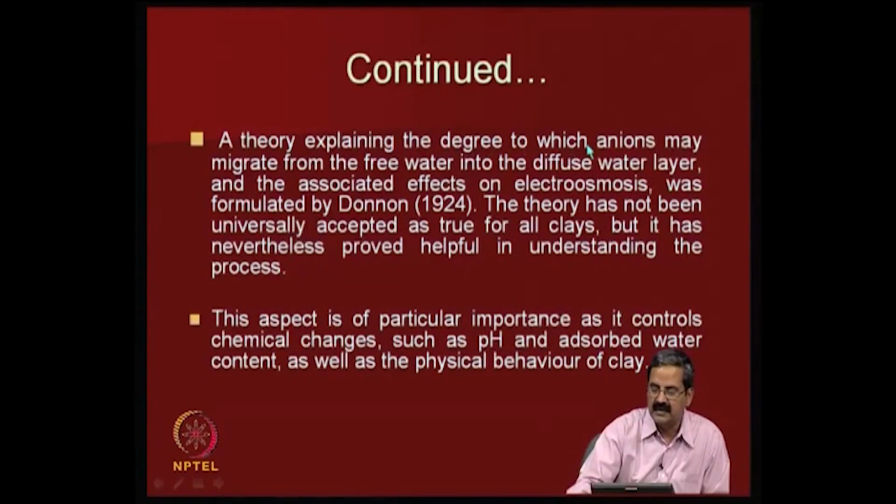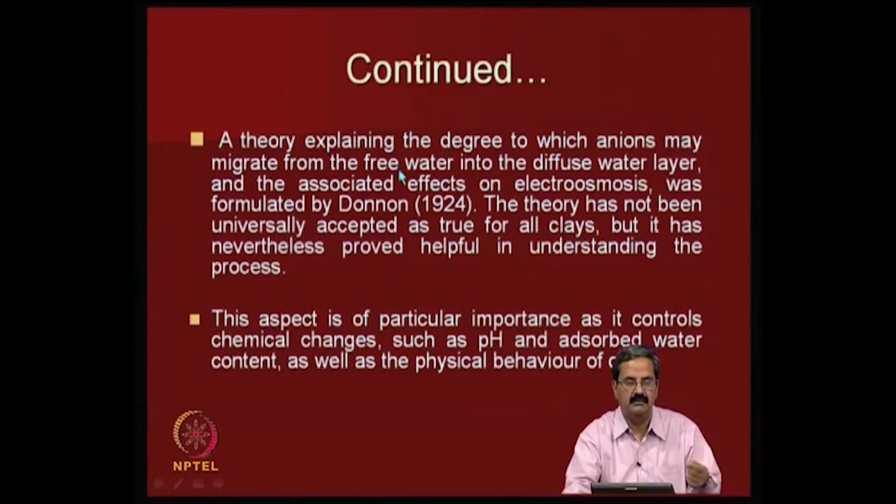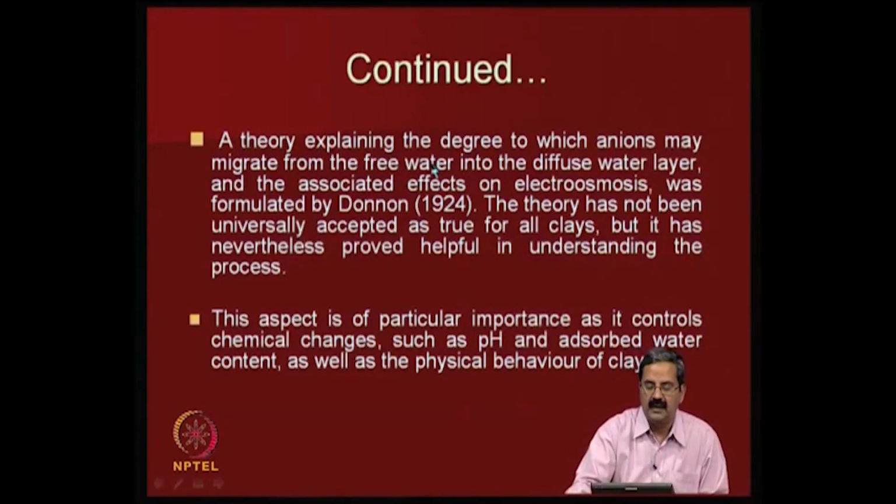A theory explaining the degree to which anions may migrate from the free water to the diffuse double layer, and the associated effects on electroosmosis, was formulated by Donnan in 1924. In fact, you have anions in the free water, and how many of them will go to the diffuse double layer, and the associated effects, are given in a particular reference.